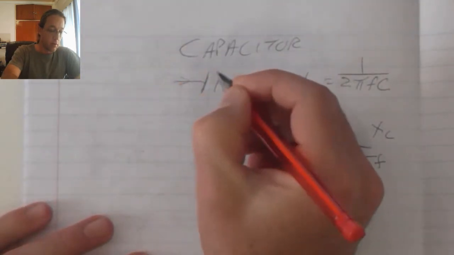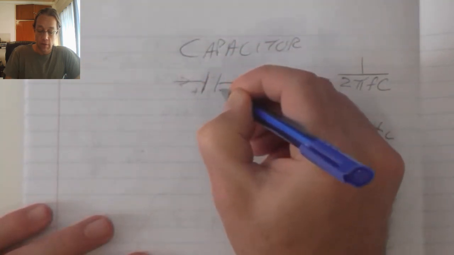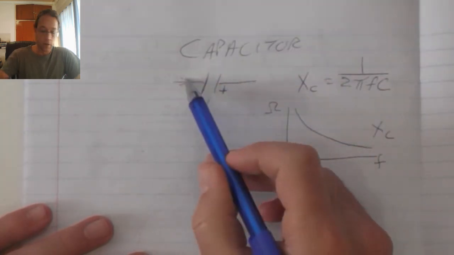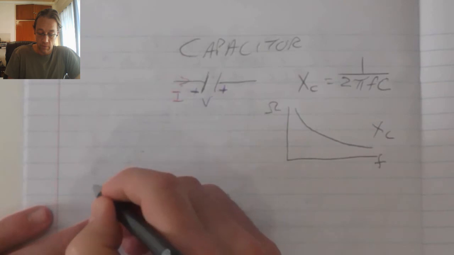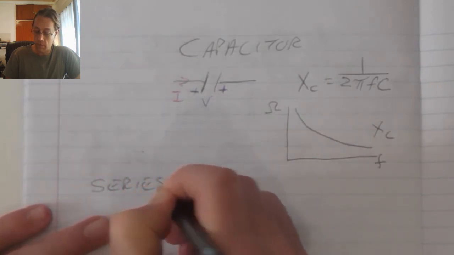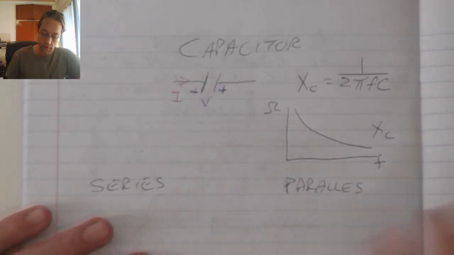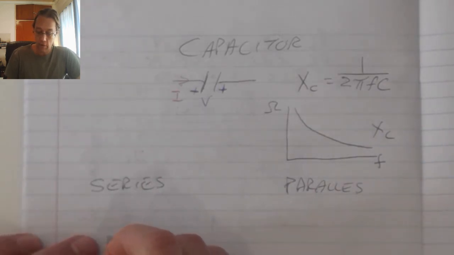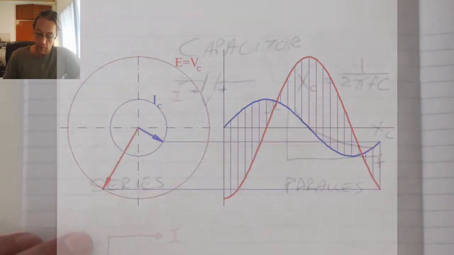So as current flows in, it's at maximum, and then it will charge a voltage across the capacitor which will increase as the current flow decreases. So in series, the capacitor will have the current as the reference on the horizontal axis, and it will have a lag in the voltage across the capacitor.